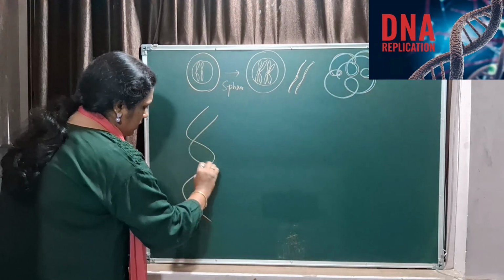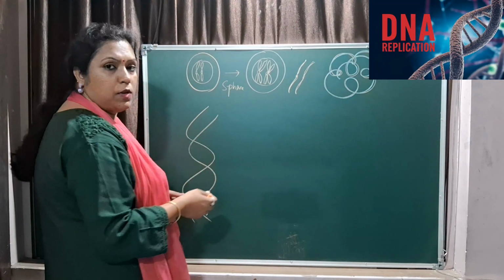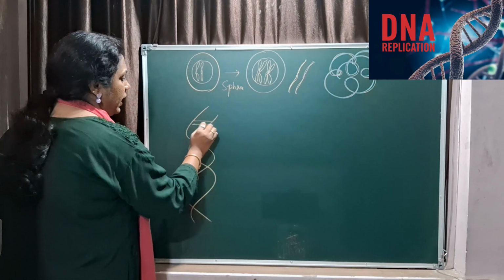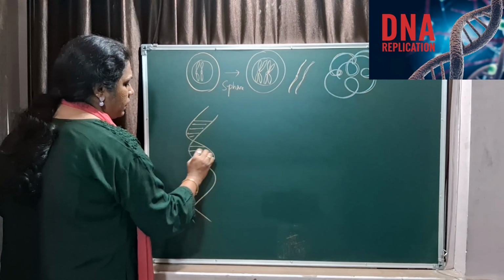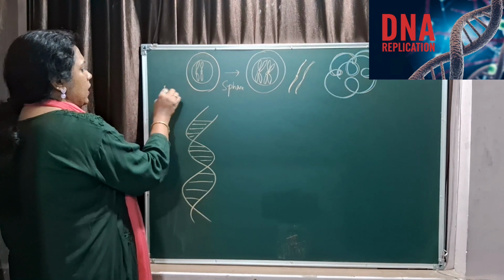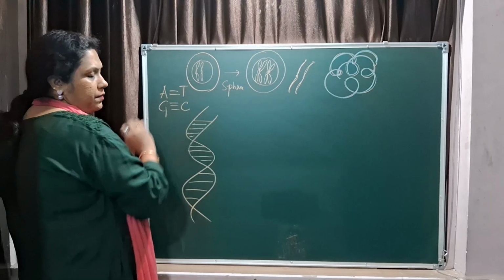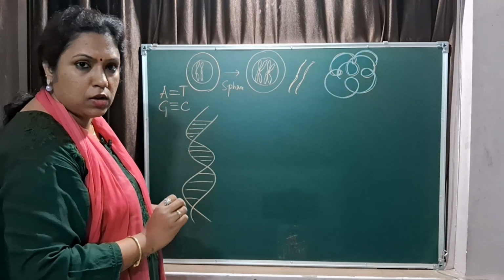Now, how this happens is the DNA replication. Now, DNA is a macromolecule, you know that, made up of nucleotides. It has got ATGC bonding. If you remember, I have taught in the first class, you know that A double bonds with T and G triple bonds with C. This is the complementary base pairing rule.